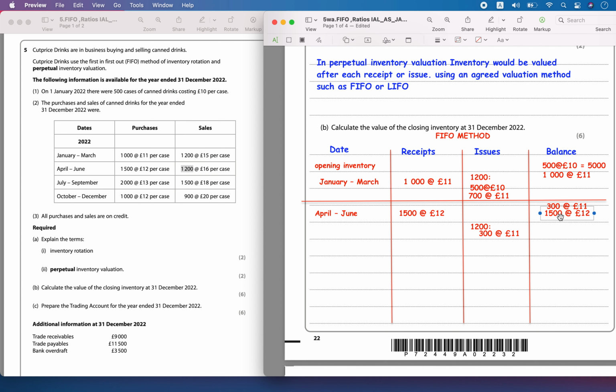So overall you can see 1,500 units have to be issued. Now let's calculate the remaining inventory: 2,000 minus 900 is going to be equal to 1,100.